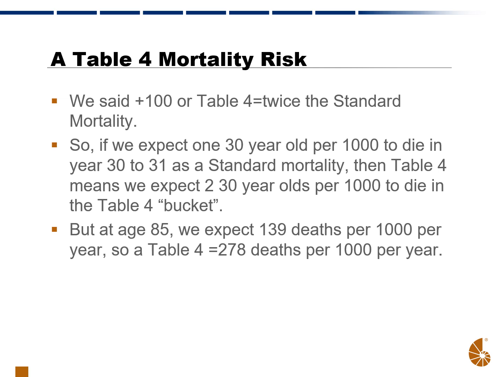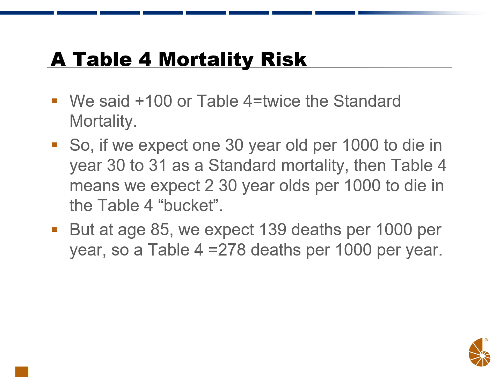So we said a table 4 for mortality risk is plus 100, or twice the standard mortality. If we expect one 30-year-old to die per 1,000 in the year 30 to 31 as standard, then table 4 means we expect two 30-year-olds per 1,000 to die in the table 4 bucket.